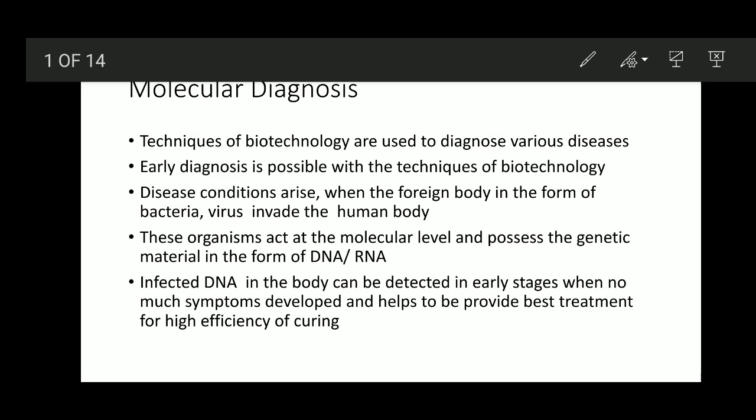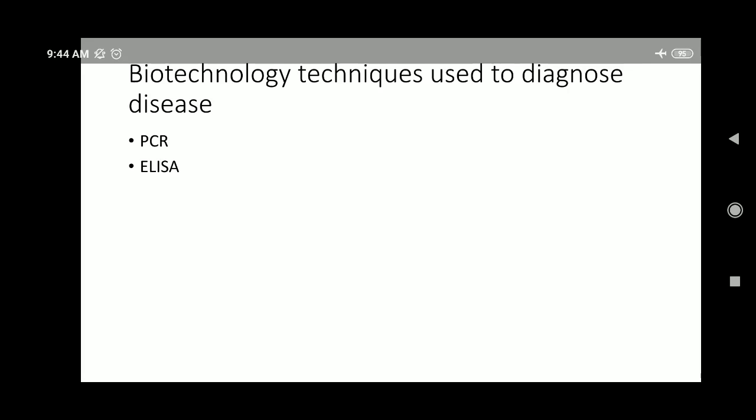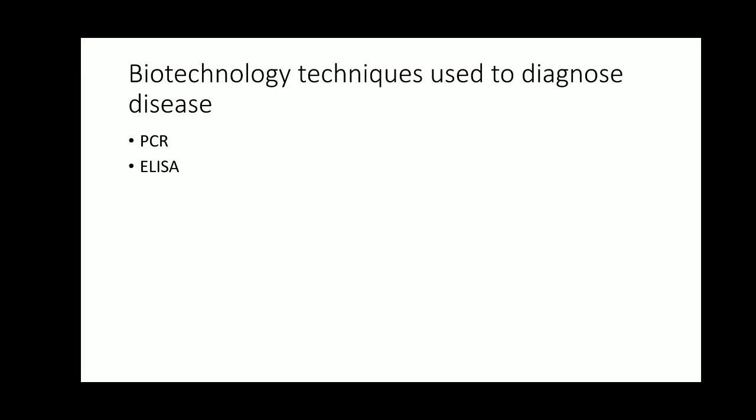PCR helps to detect a low concentration of pathogen. When initially a pathogen enters the body, before the infection could spread, there will be a small amount of pathogen, a little concentration present in your blood.